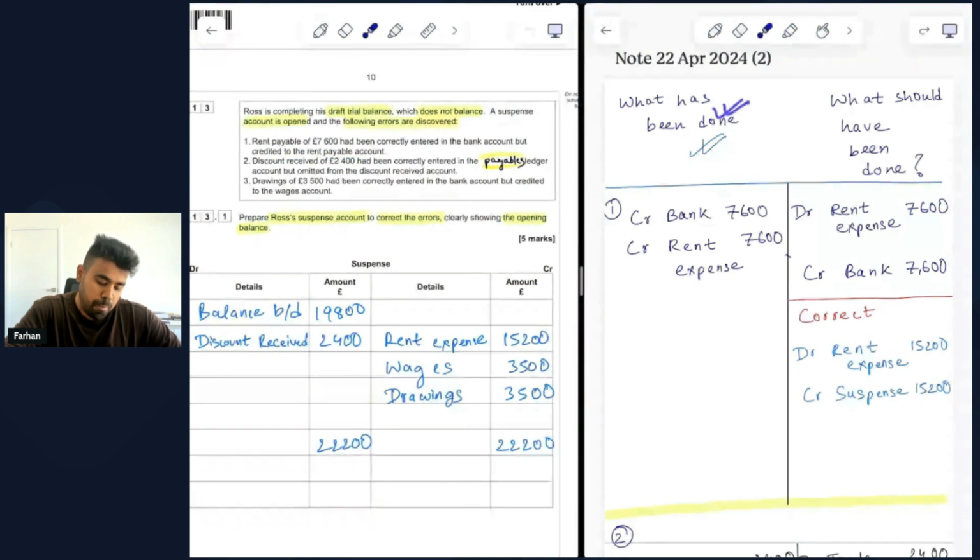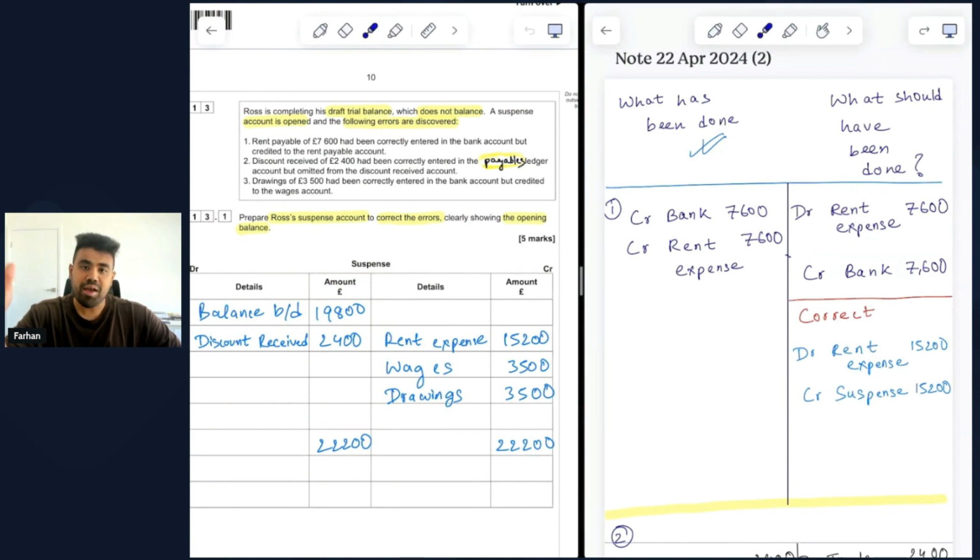So we know that we have paid some rent, which was £7,600 in total, and we recorded it correctly in the bank account, which means we have used our funds within the bank account to pay for the rent. Now, bank is an asset. Assets by default are debit, which means when they go up, they're debit.